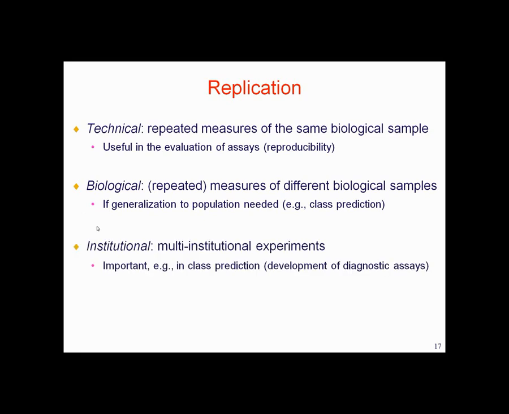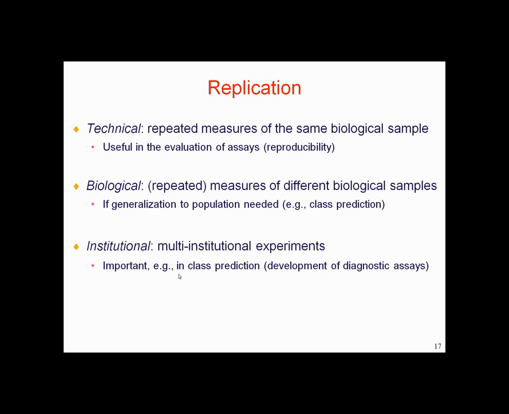And obviously, if you have institutional variation, you can run multi-institutional experiments. This is especially useful if you look at, for instance, development of diagnostic assays, because you would clearly want to check whether your diagnostic assay performs the same way from one institution to another. This means you should be able to assess this in your experiment.